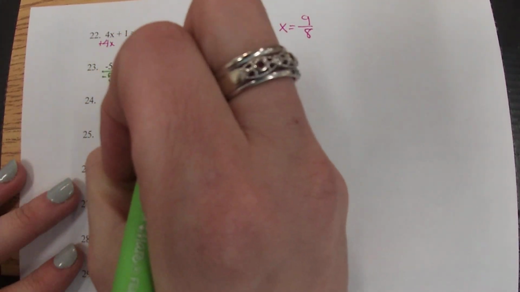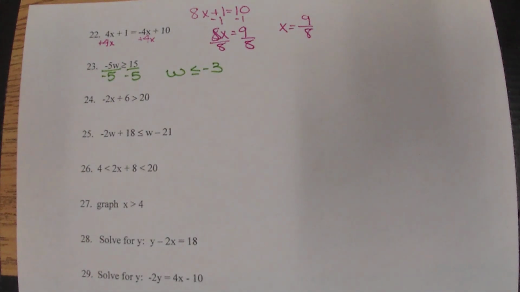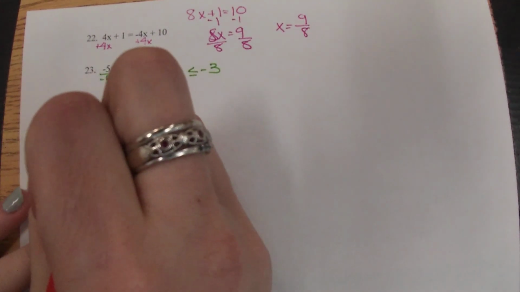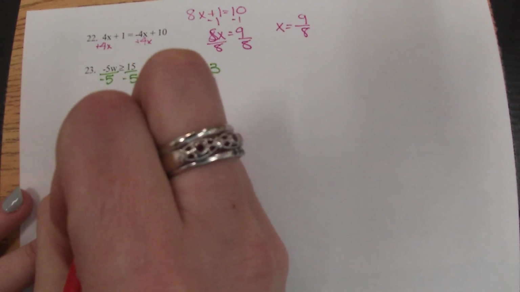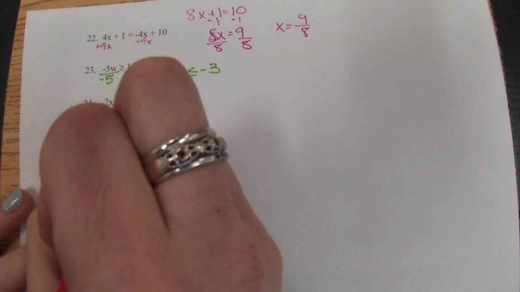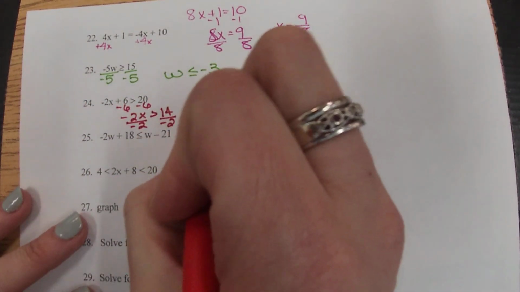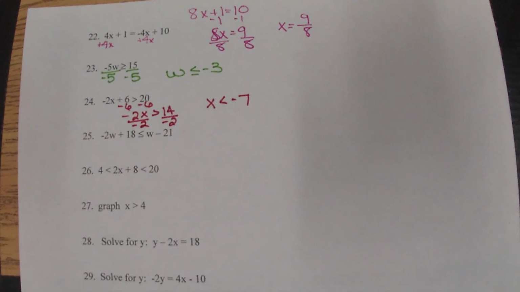We're dividing by negative, so when we divide by negative, we have to flip the inequality sign. So we should have w is less than or equal to -3. X is less than -7. Again, we divided by a negative there.